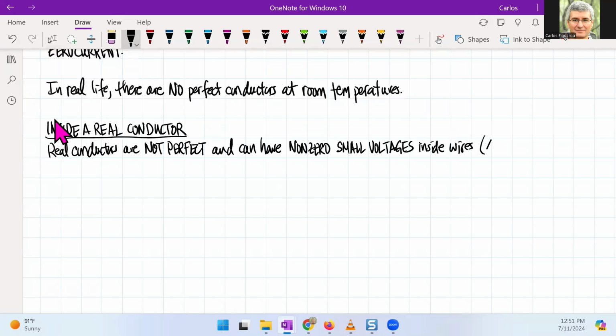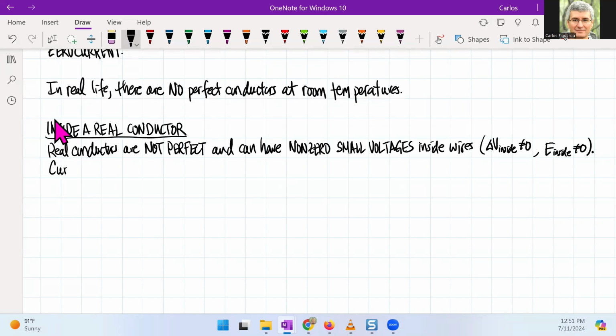In other words, the potential inside is close to 0, but not 0. The electric field inside is really small, but not 0. And as a result, current can exist.